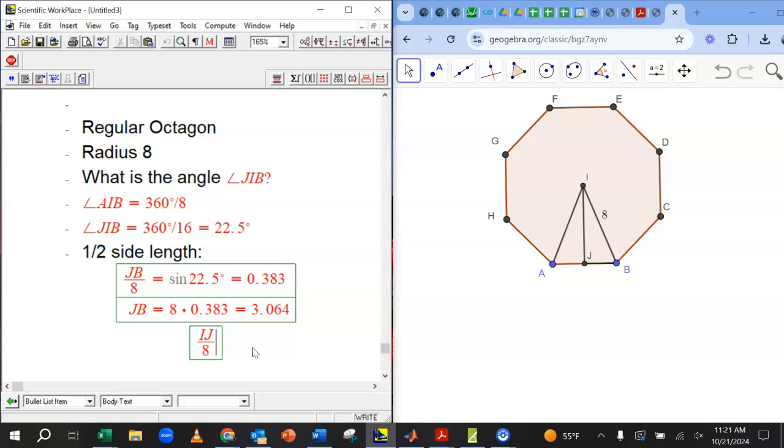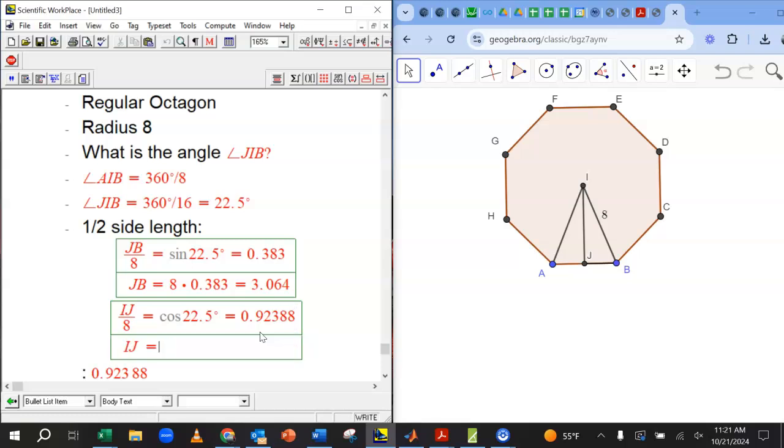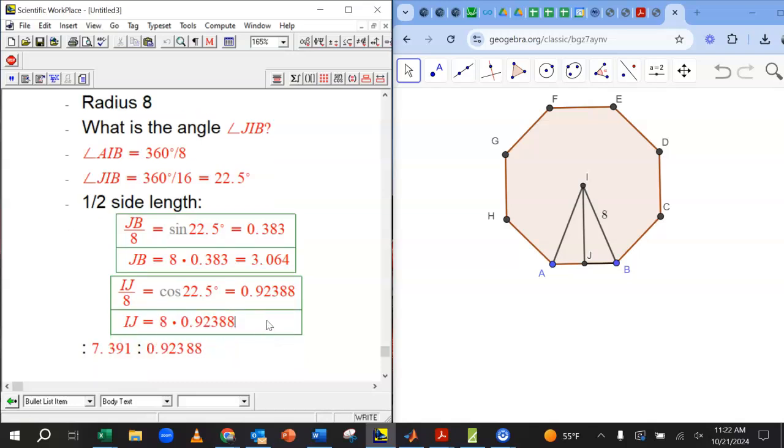IJ over 8 is going to be cosine of 22.5 degrees, and that is equal to 0.92388. IJ is equal to 8 times 0.92388. I guess I'm keeping a few more decimal places here, that's fine. And so that's going to be 7.391. I'll keep 3 there.